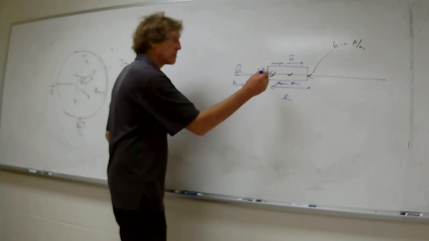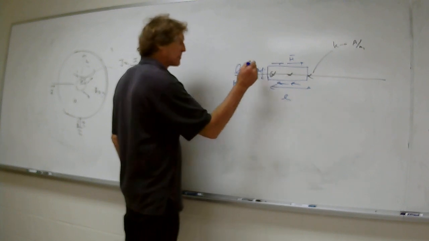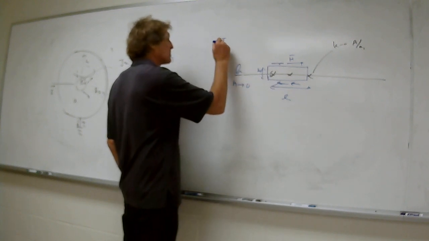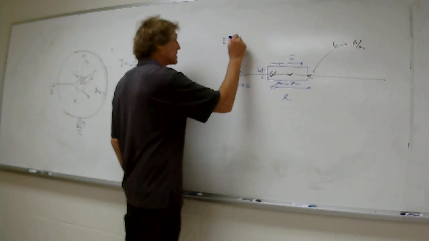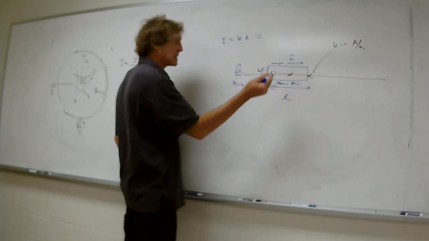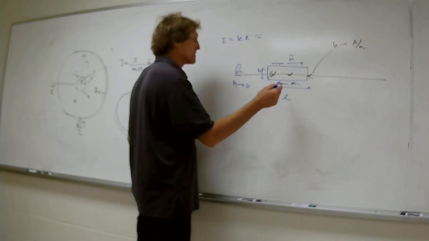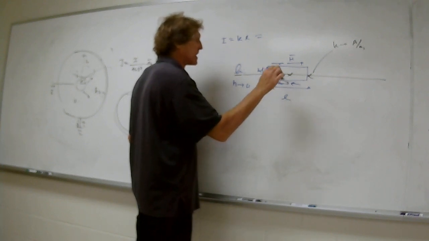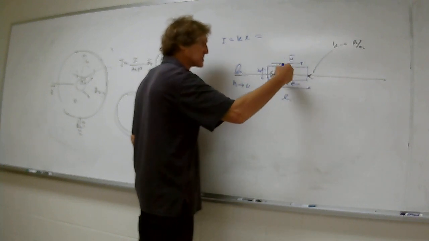Well, the amount of current penetrating that would be equal to K, the current density, times the length L. And that's equal to the integral of H dot dl. Going into the board, this is the direction of the H field.